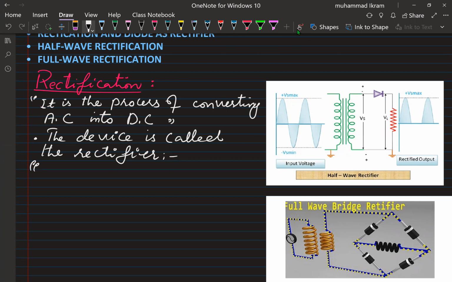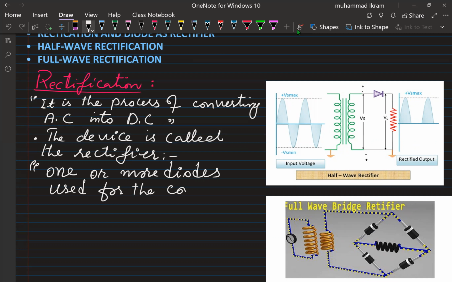The rectifier consists of one or more diodes, PN junction diodes, used for the conversion of AC into DC.